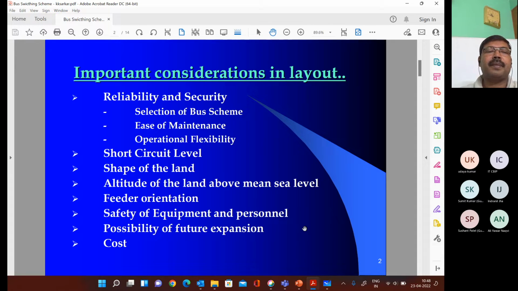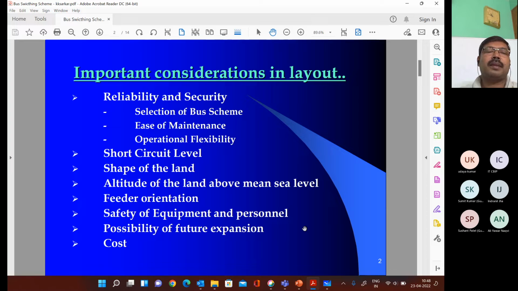Then altitude of land above mean sea level. Let us say in hilly areas like Kashmir, Bhutan, Sikkim, Arunachal Pradesh, there are substation locations above 1000 meters above mean sea level.